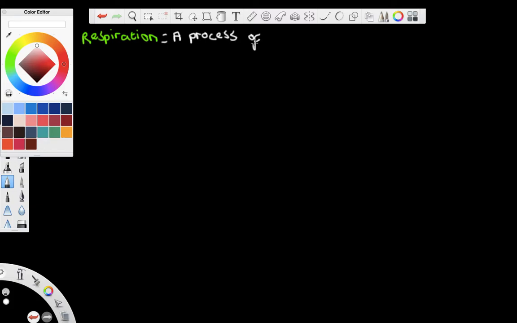I'm going to put in red because it's important, process of releasing energy from glucose. Now, it's important that you say that it releases energy from glucose. Remember, energy cannot be made. You can't make energy. So respiration does not make energy. It releases energy from glucose.